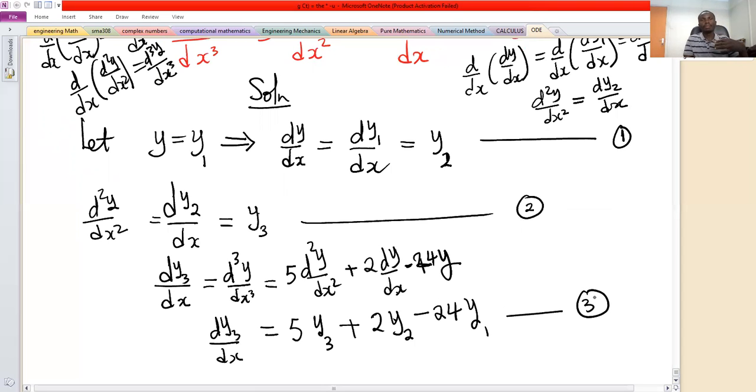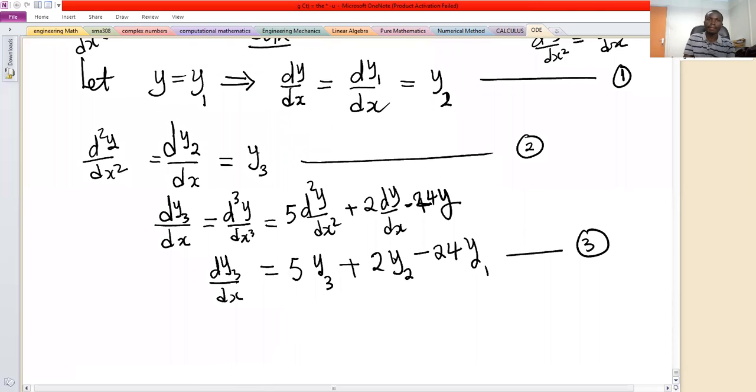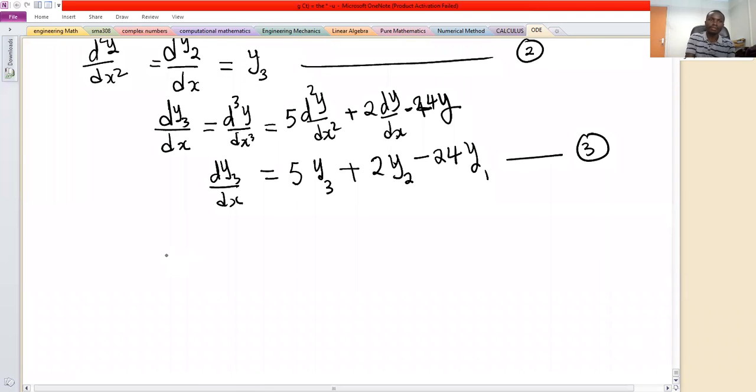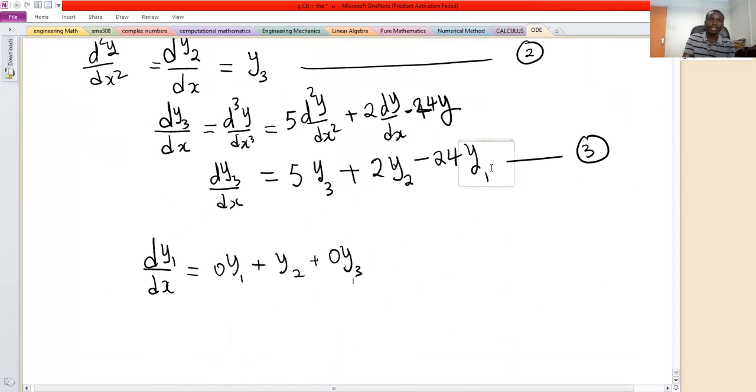So now we have been able to reduce the third order derivative into a system of 3 first order derivatives. Let me just put them together. We have dy1 dx can be written as 0 y1 plus y2 plus 0 y3, because this is how we defined it. It was y2. I include the zero terms so that we have all the 3 variables.